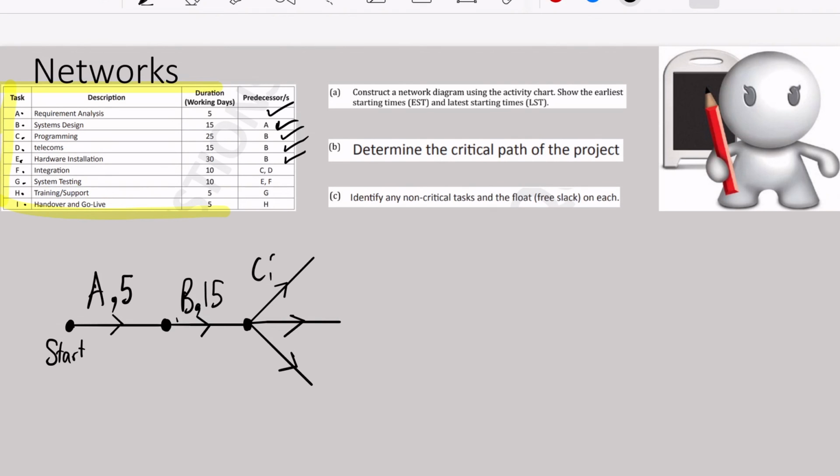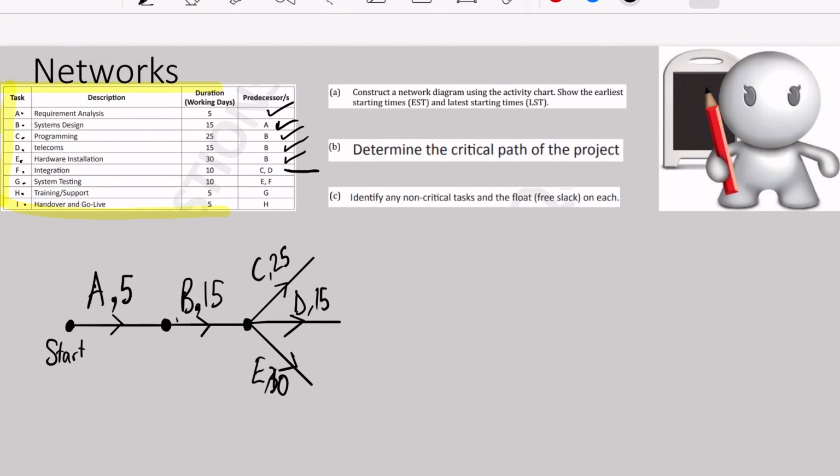Well, it's 25 days. How long is D? It's 15 days. And E is 30 days. Now, once again, I haven't put any end vertices on any of these activities, C, D, and E. They're still very much open.